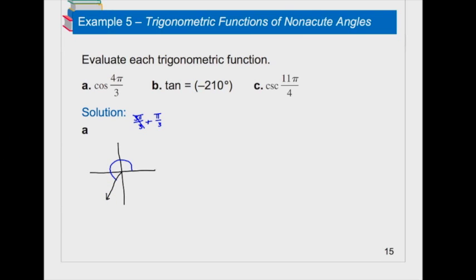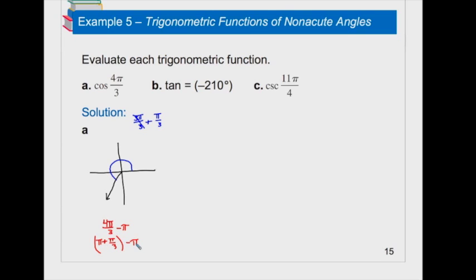So what is my reference angle? It's gone past 180 degrees. Well, we're in radians, so it's gone past pi, which means I'm going to be doing a formula that looks like 4 pi over 3 minus pi. And pretty much what I did up here was I split 4 pi over 3 into pi plus pi over 3.